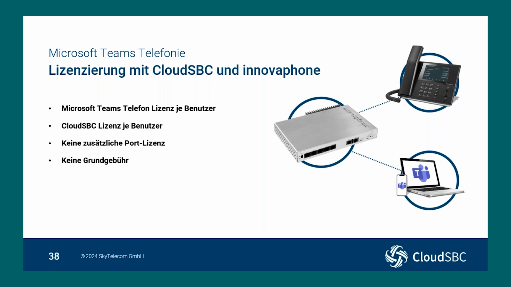You just have it per user. Once you have this phone functionality within Teams, you have to buy the phone system license or an E5 license for this user. So you don't have to have the E5 license. You can also add the phone system license to an E3 license.